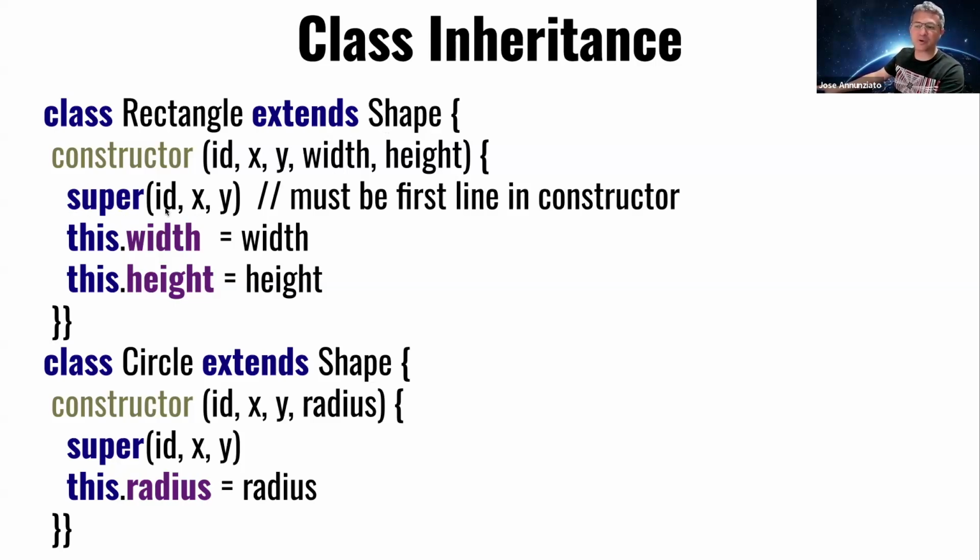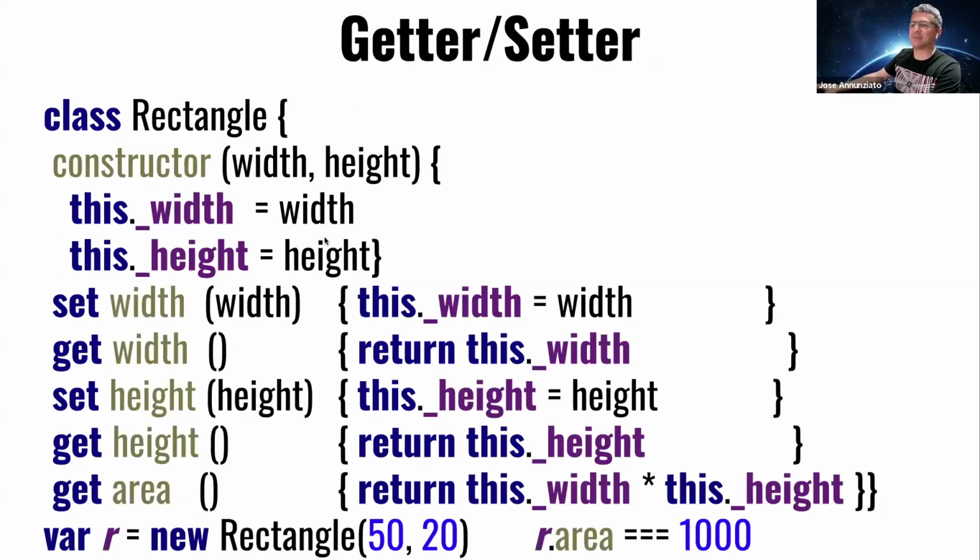So you can call super, and it must be the first line in the constructor, and you can initialize the properties for that super constructor. Then you can initialize properties that are specific to this particular class. Then you can provide setters and getters that allow you to manipulate local properties like width and height, and that allow you to set or read properties of the instance.